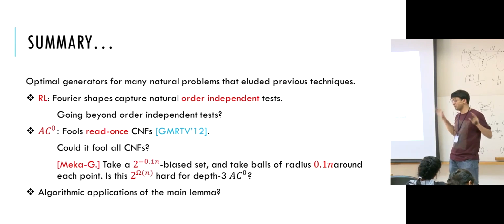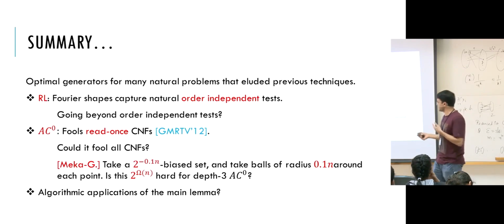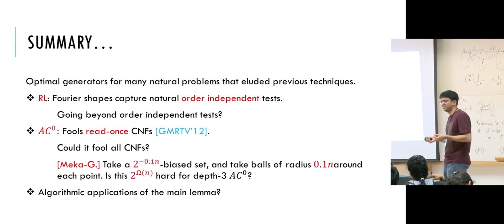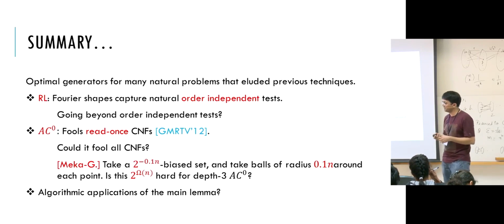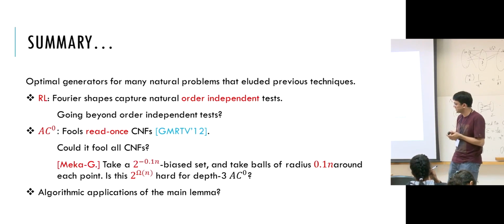So then you say, okay, I'm not actually going to set them uniformly. I'll set half of them epsilon-biased. You go on recursing. So it seems like if there is a hard function underlying this construction, it ought to be something like this, which I mentioned before. You take a small bias set, take balls of a reasonable radius around it, and maybe this is a hard function for depth 3 AC0.